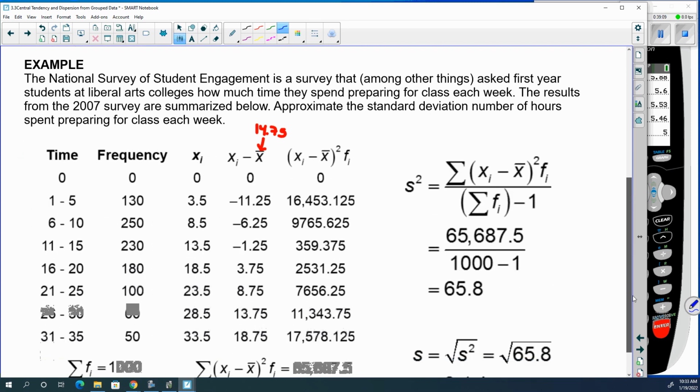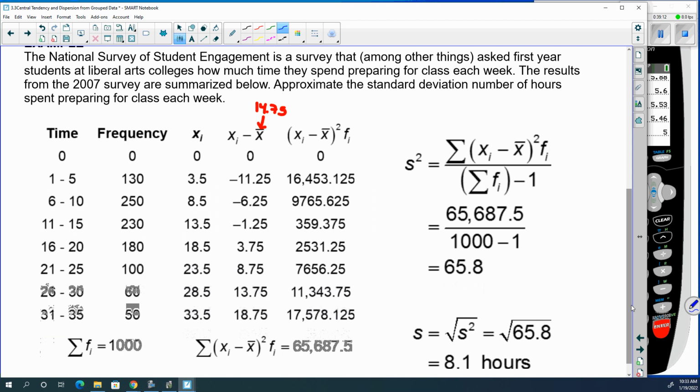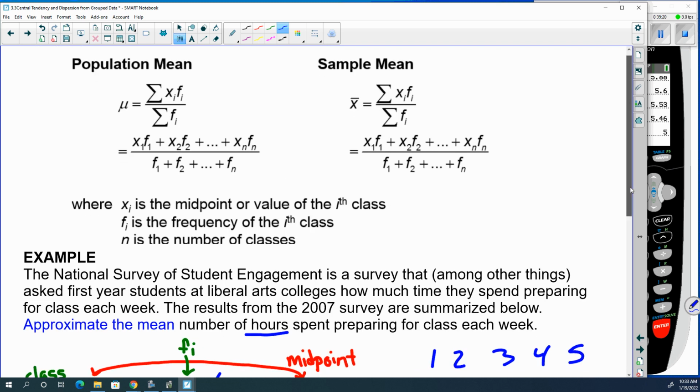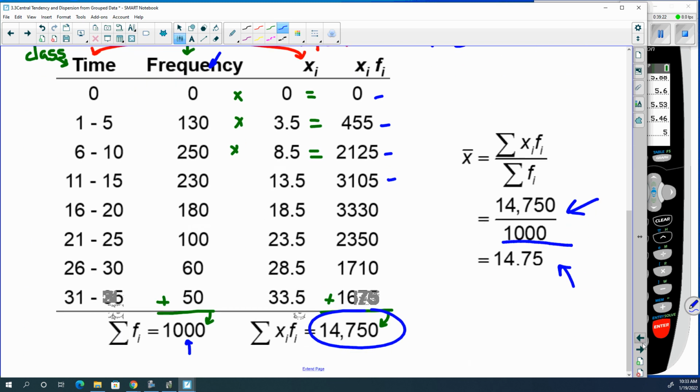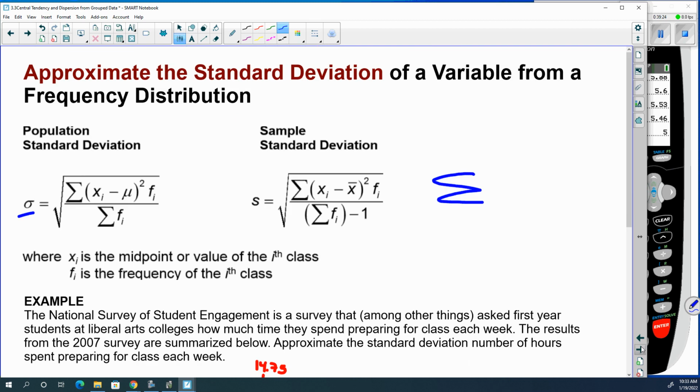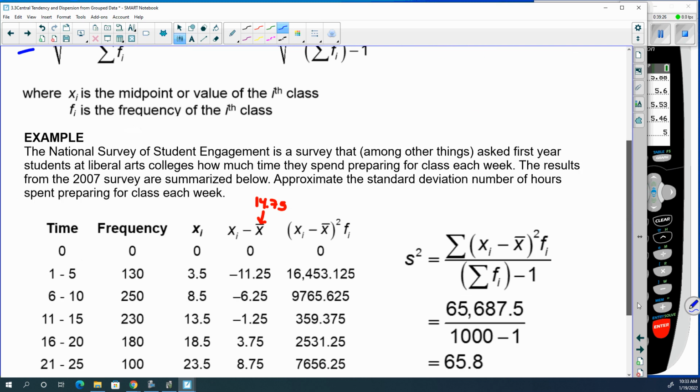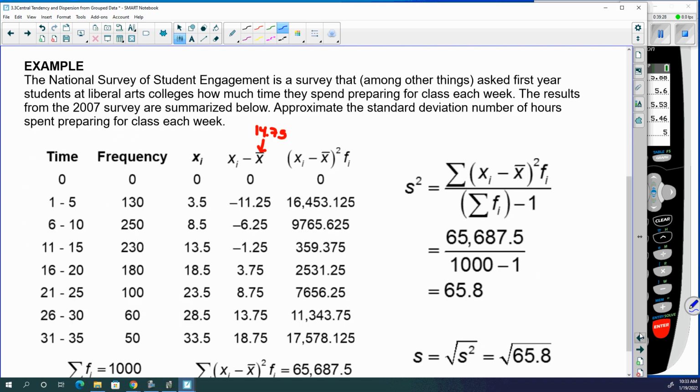So this is still the same information from the previous page, but now they're doing it to come up with the standard deviation. On the previous page, we came up with the mean. It said that the mean was 14.75. That was the number that we got right here. So to do the standard deviation, you take the observation, the 3.5, minus the 14.75 to get this.